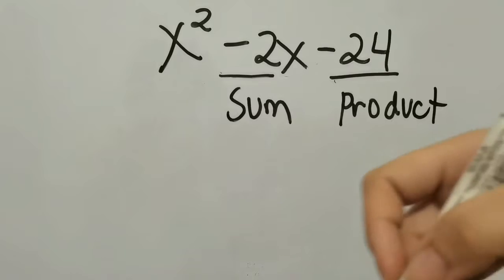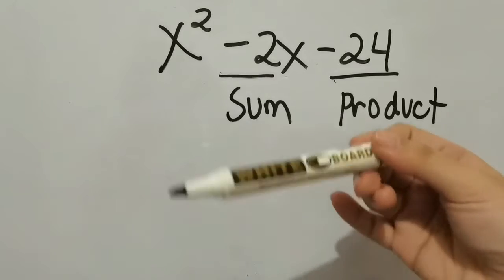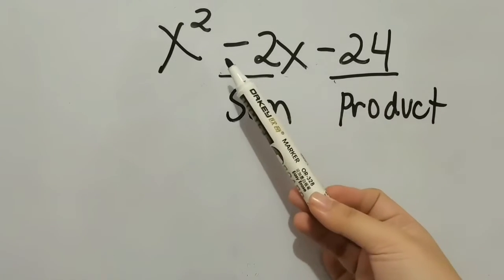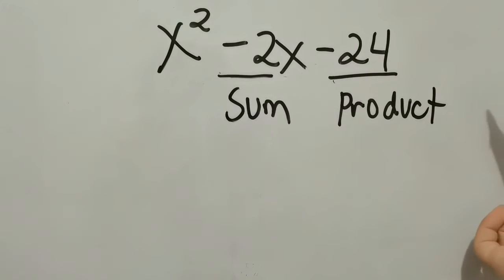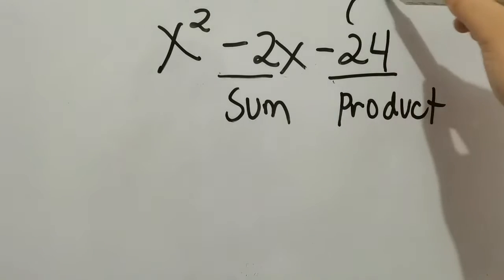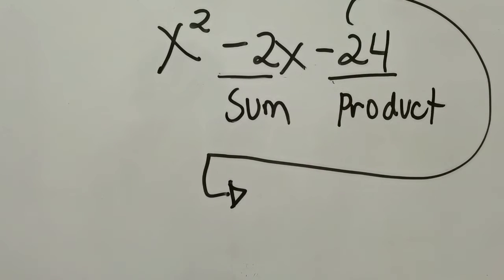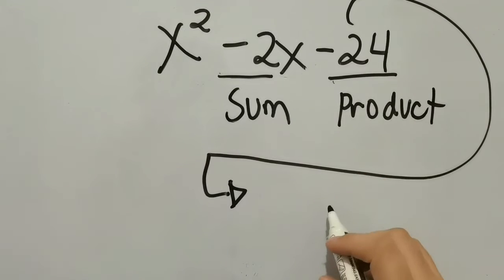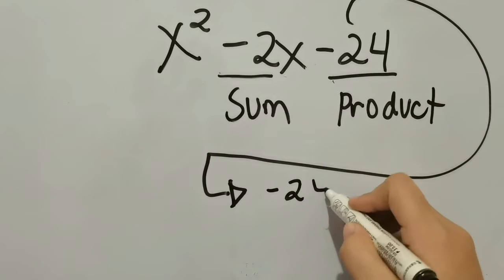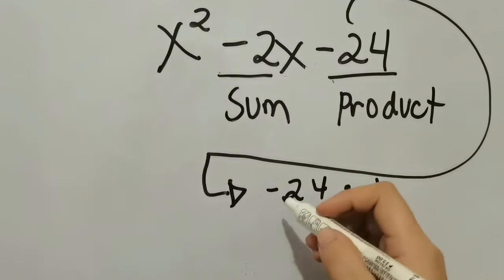So let us now list down all the possibilities, the factors that, if we add them, equal negative 2, and when we multiply, equal negative 24. Okay, so let us now find out which of the products are suitable for this general trinomial. The factors of negative 24 are negative 24 and 1. What else?